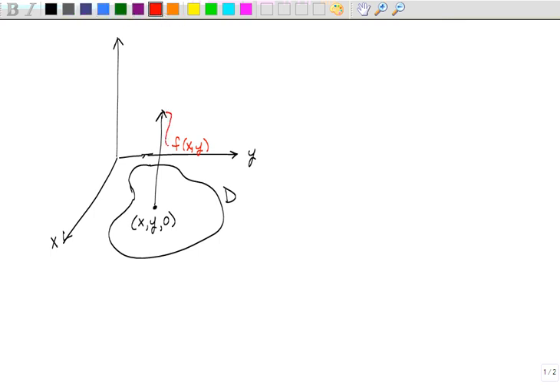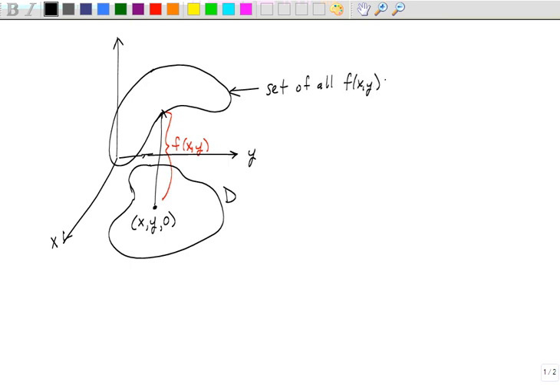And the set of all those points is like a surface. f of (x, y) is the distance from the xy plane to the surface.